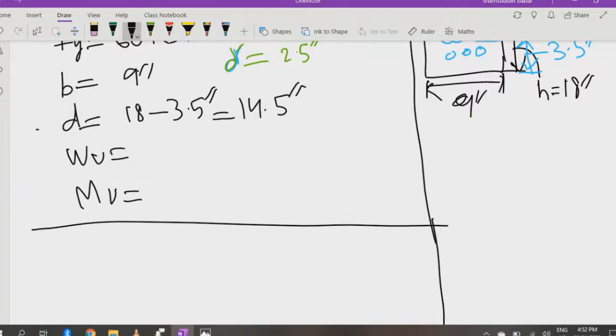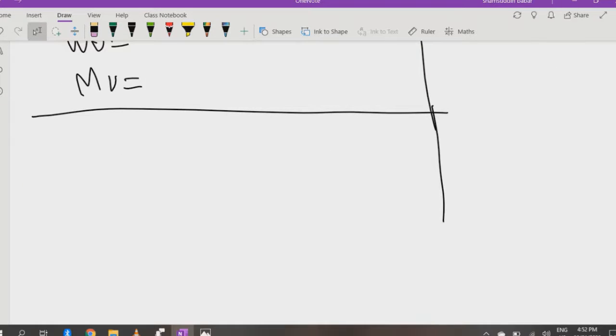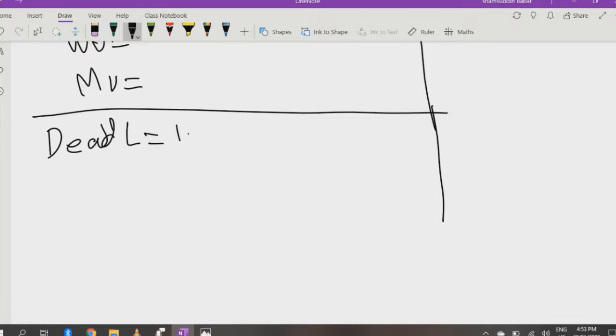Now to calculate Wu, initially I need the dead load, including self weight. Dead load is equal to 1.1 plus self weight. To calculate the self weight, I will multiply by 150.